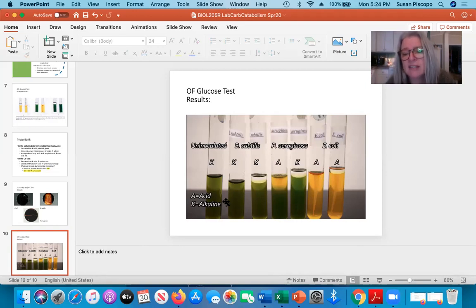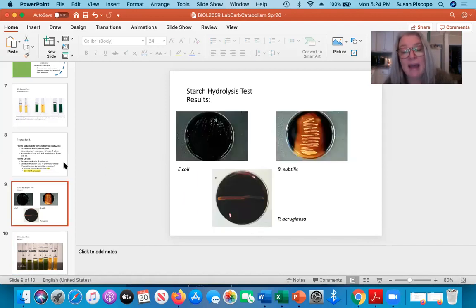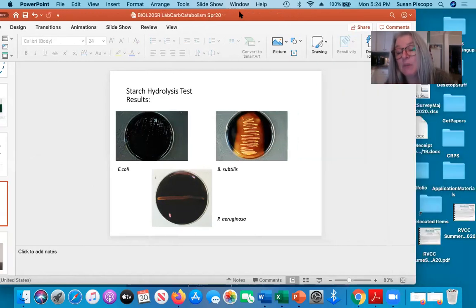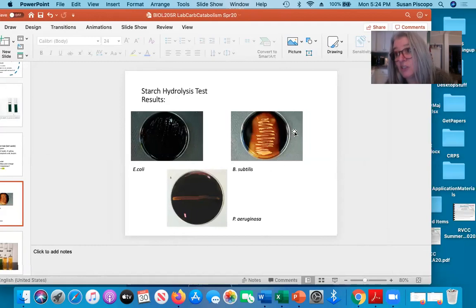What I was trying to say about the bacillus is that this is not a normal result for bacillus. It's what we got. It's what I want you to record as our results. But this is not what we normally expect to see with bacillus. Remember, if you go back and look at our starch hydrolysis results for bacillus, bacillus is capable of hydrolyzing starch.